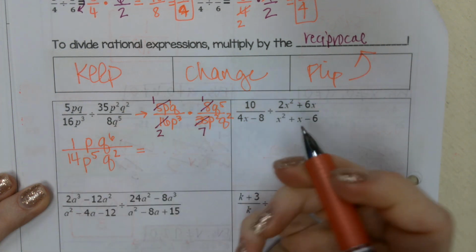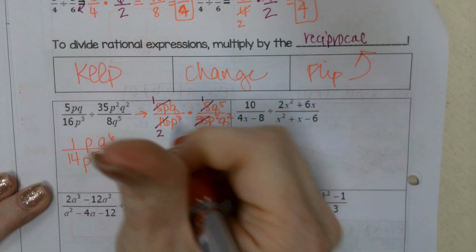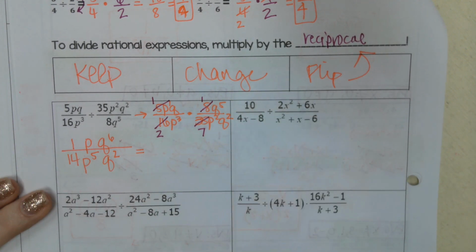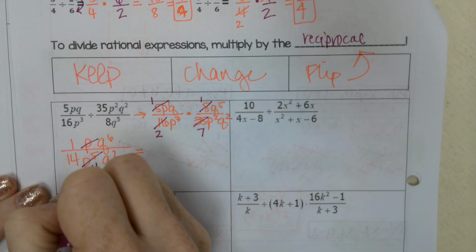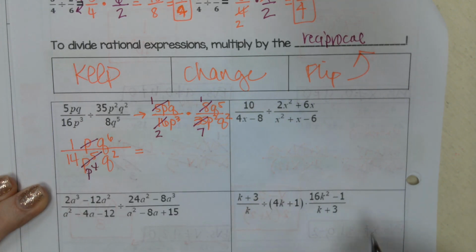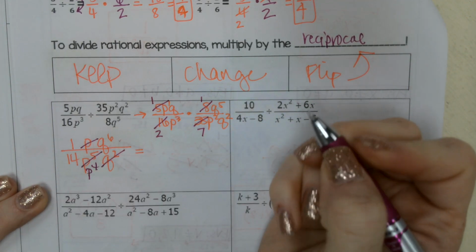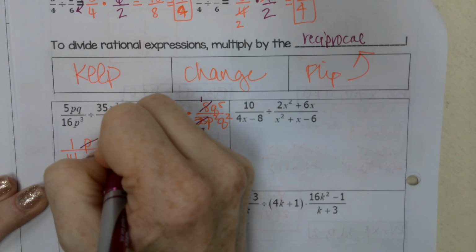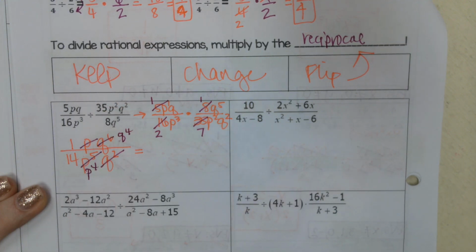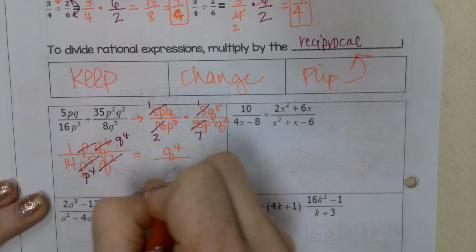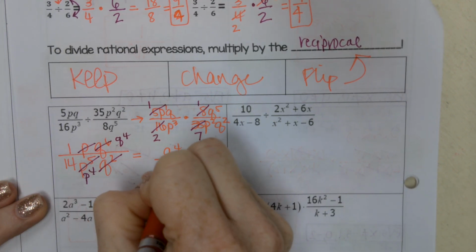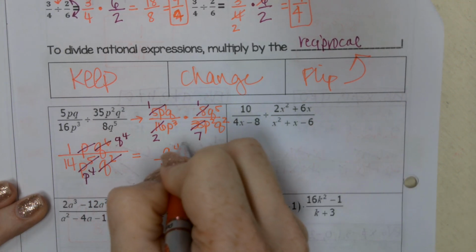And now I want to reduce those. Okay, my fraction still stays the same, but here 1p cancels out and leaves me with 4. Here the 2 q's on the bottom go away, and here I'm left with q to the 4th. So my final simplified answer is q to the 4th over 14 p to the 4th.